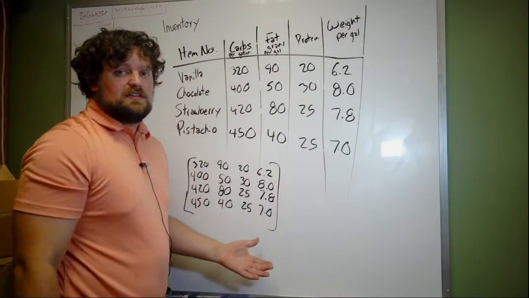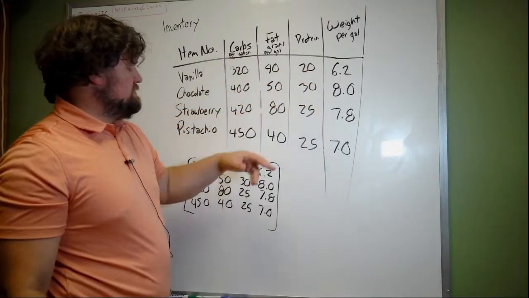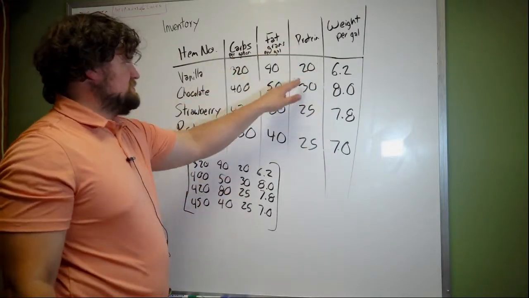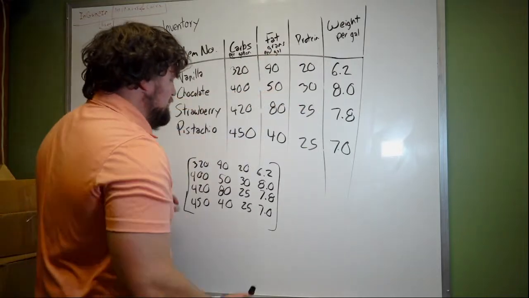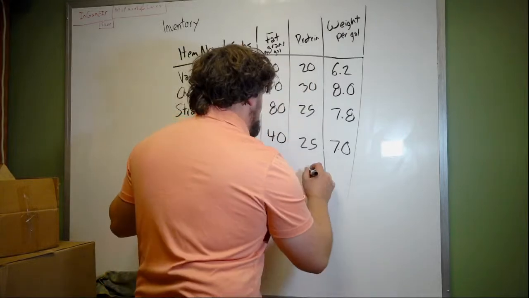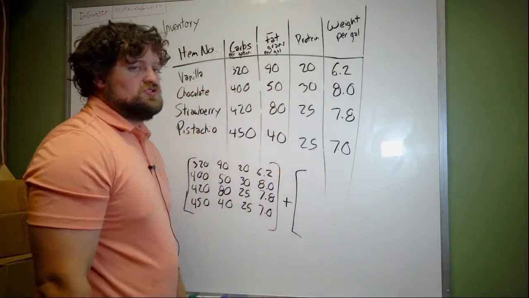Okay, that's my matrix that is generated by these. If I go look at 30, 30 represents the number of grams of protein in a gallon of chocolate ice cream. Okay, now I'm going to add a gallon of strawberry sauce.